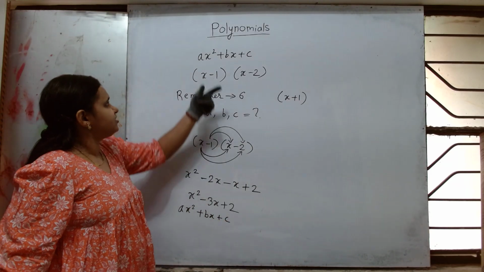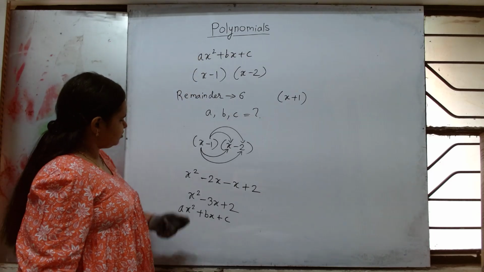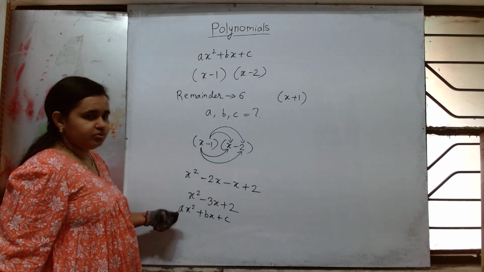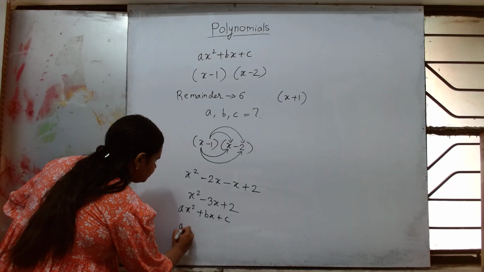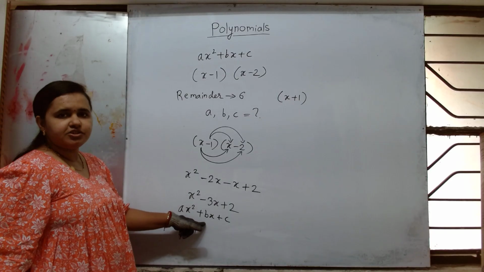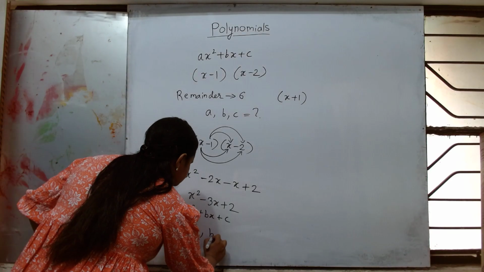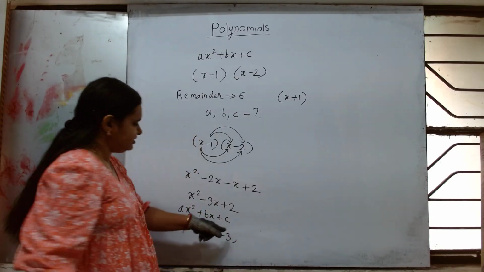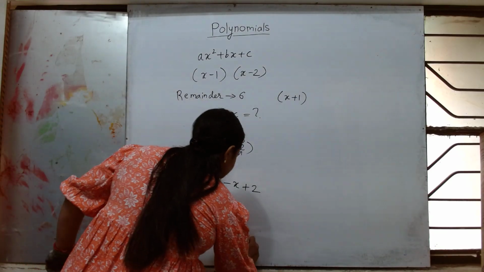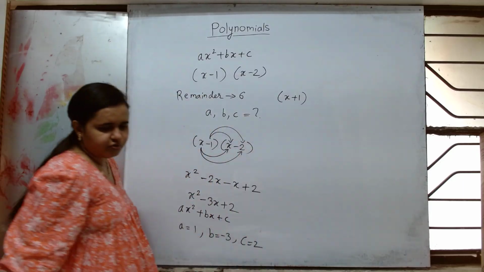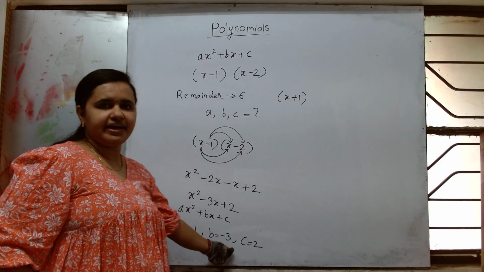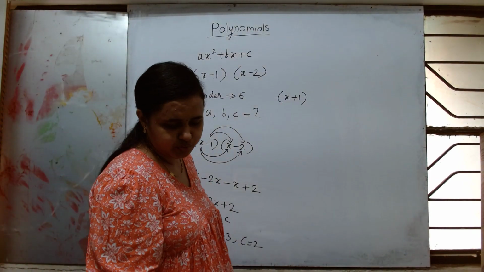So these are the factors of this expression. If we compare these two, a is equal to 1, b is equal to minus 3 and c will be equal to 2. So we have got the values as 1, minus 3 and 2, that is option 2. Okay.